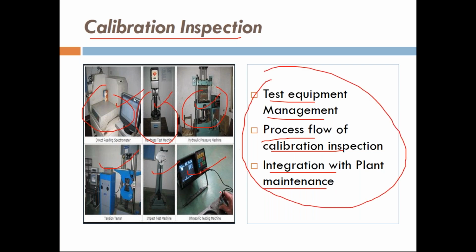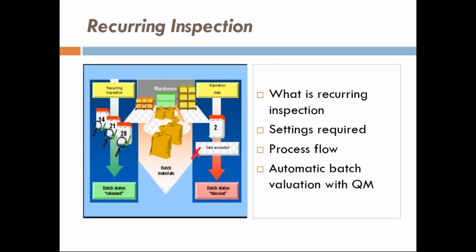That is calibration inspection. After that, recurring inspection. This is also normally mandatory in pharma industries, food manufacturing industries, or chemical industries. Recurring means, let's say you received a material into your warehouse. First time, you will do quality inspection.